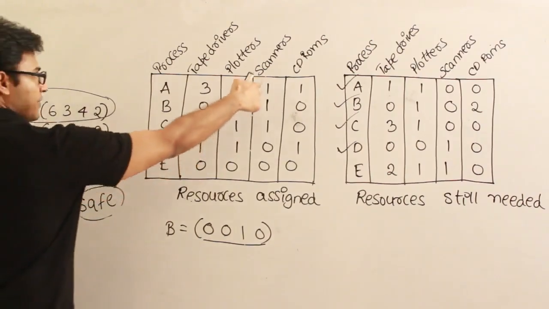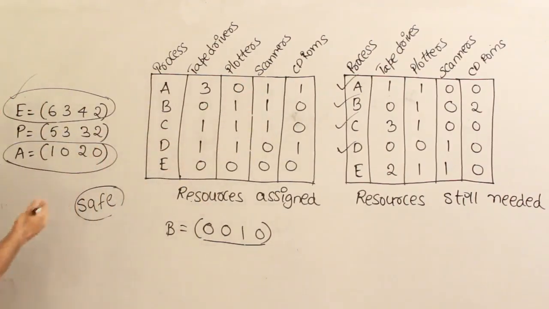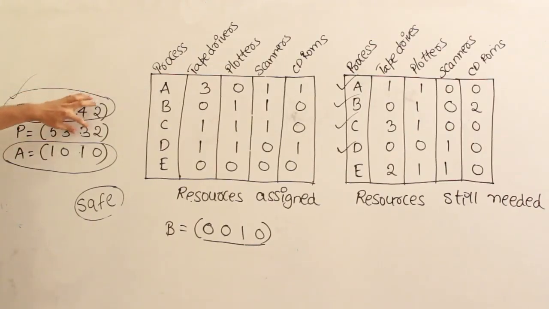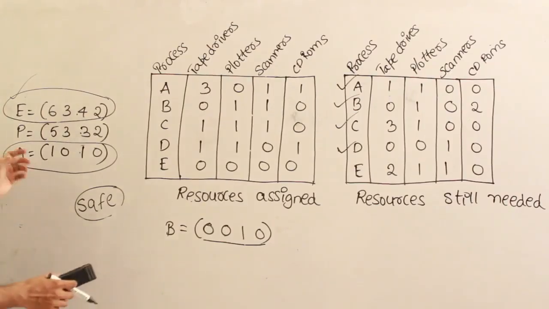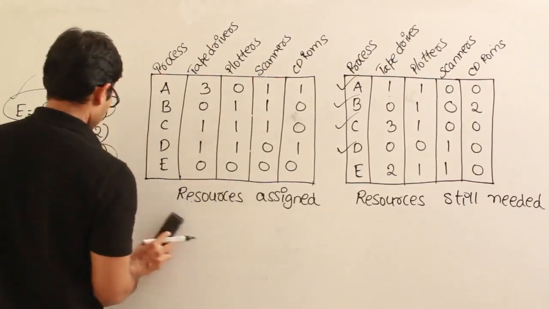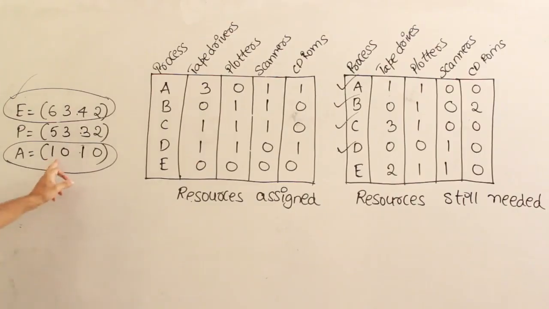Check this. Now the scanners have become 3 assigned, and the availability will become 1. The reason is the total is 4 and assigned is 3, therefore the availability will be 1. These are the total number of resources in the system, and 3 are already allocated, therefore 1 will be available now. So our new availability has become 0 1 0 0 0.